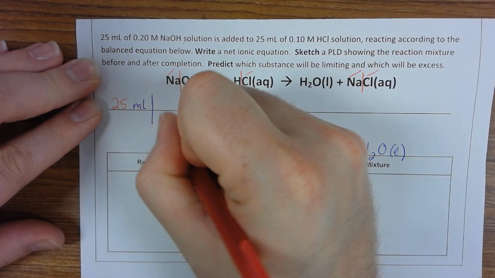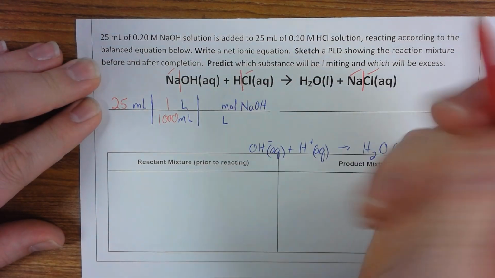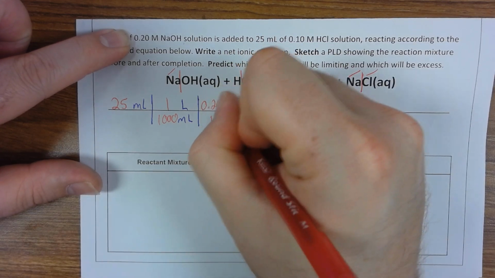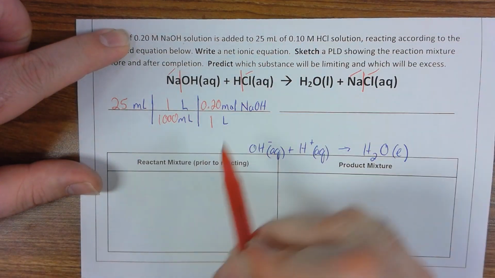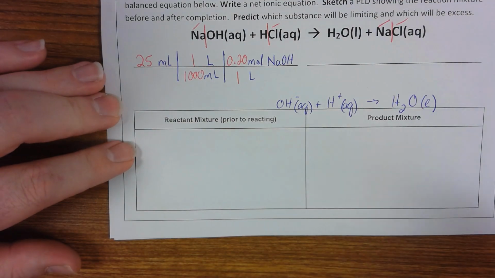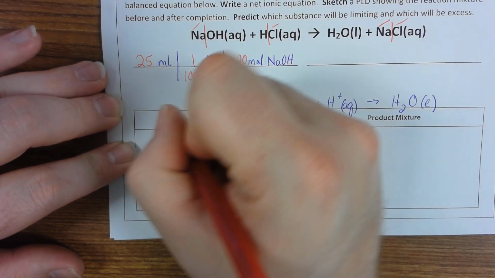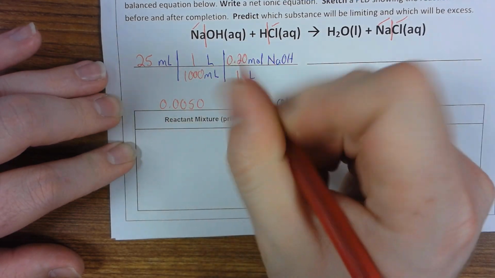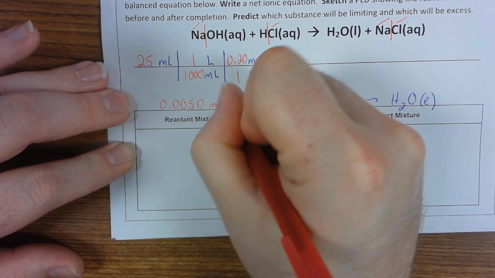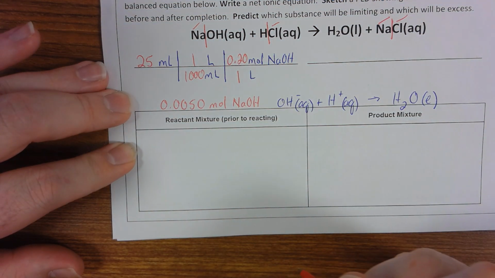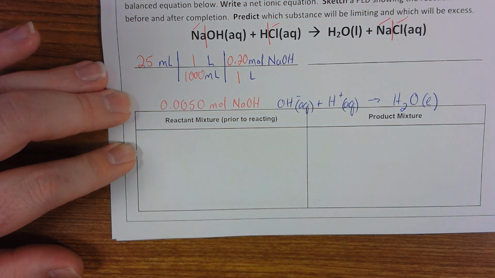There are 1,000 milliliters inside of 1 liter, and then 1 liter contains that many moles, 0.20 moles of NaOH. If I type this in on my calculator, multiply the top, divide by the bottom, you get a final answer of 0.0050 moles of NaOH.